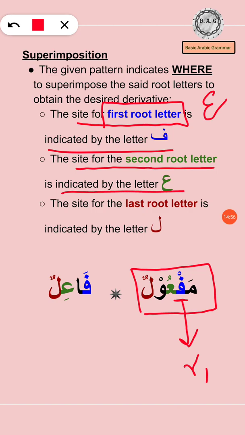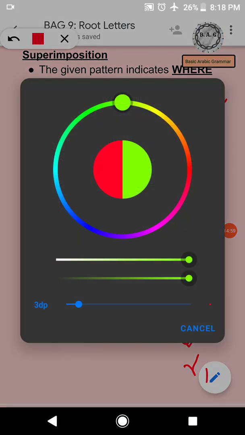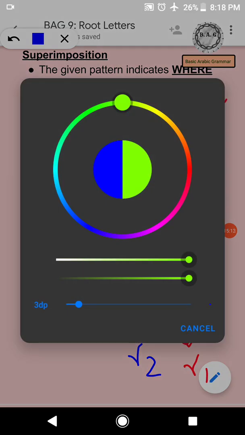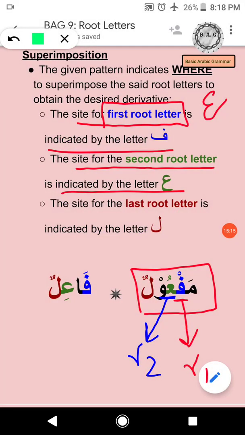So wherever you find the letter ain, you simply replace it with the second root letter, R2. And the site for the last root letter is indicated by the letter lam. So wherever you find lam, you replace this lam with the third root letter, which is R3. I hope this is clear.